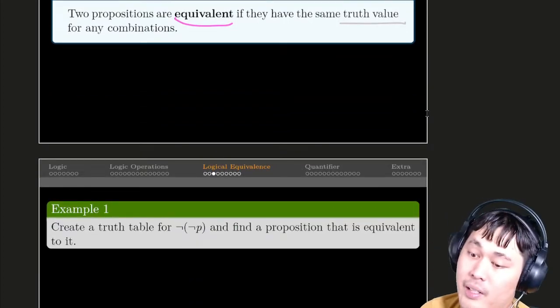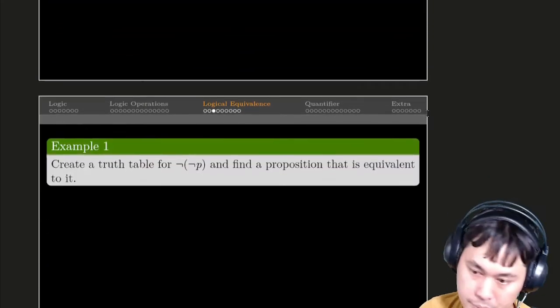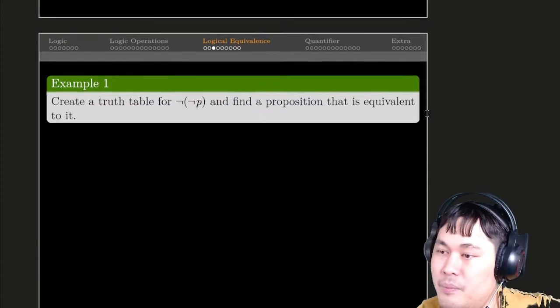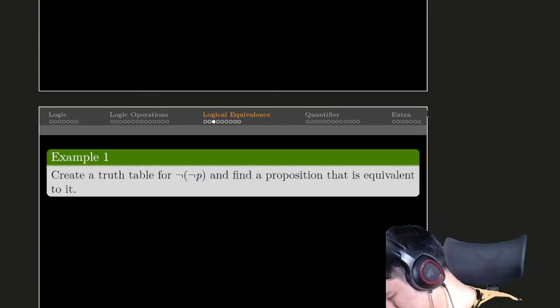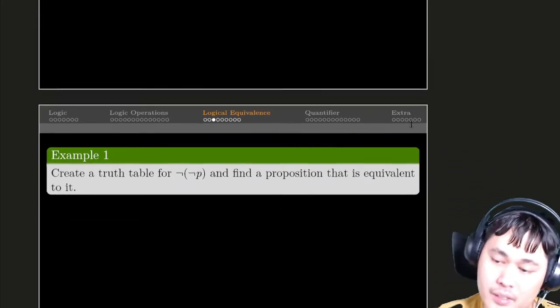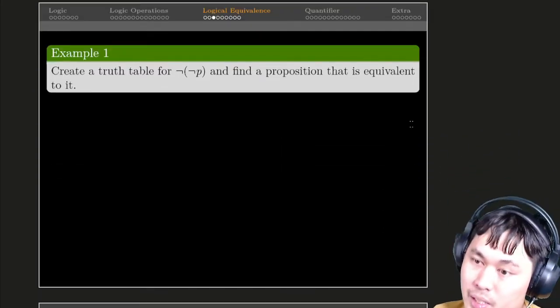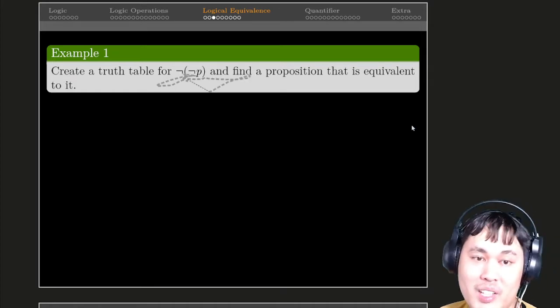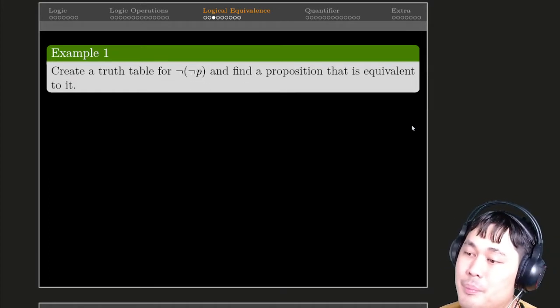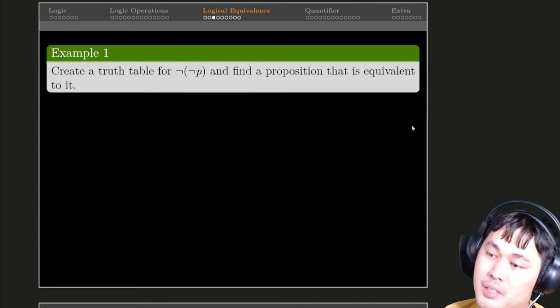Let's start with an example right now. This one asks you to create a truth table for not not P, a double negation, and then find a proposition that is equivalent to it.